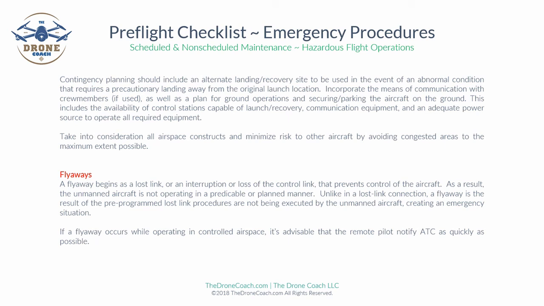That would create an emergency situation. Now, if a flyaway does occur while operating in controlled airspace, it is advisable that the remote pilot notify air traffic control as quickly as possible. So it is recommended that you check the Chart Supplements US and obtain the phone numbers to air traffic control if you will be flying an operation near an airport.